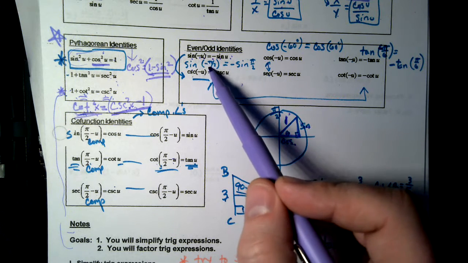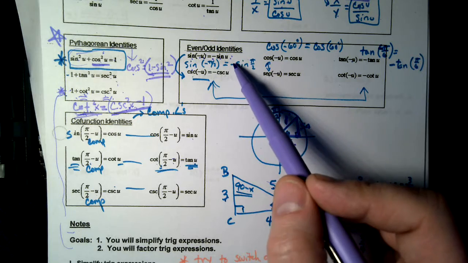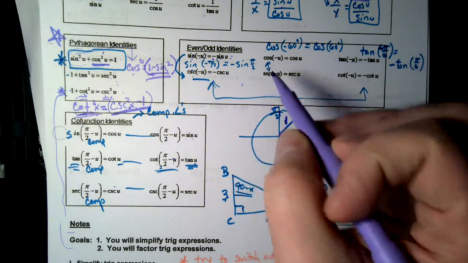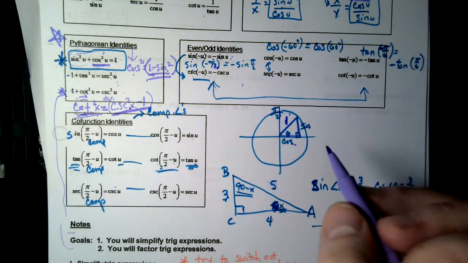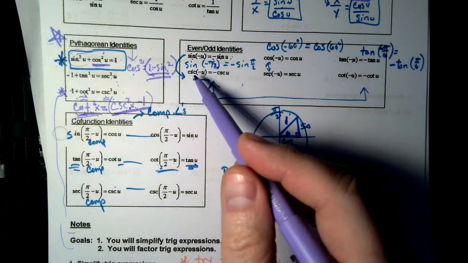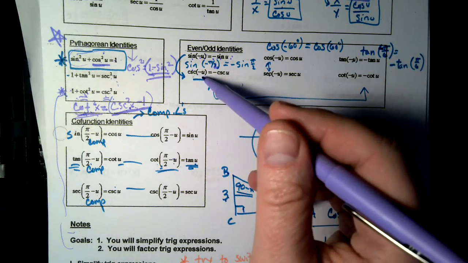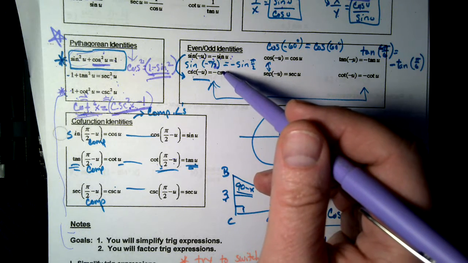So like the sine of negative pi over 2 is equal to a negative of just sine of pi over 2. I said 3, but it's 2. I read that wrong. That's a 2. And then its reciprocal would do the same. So picture you just turn the fraction upside down. The cosecant of a negative angle is equal to a negative in front of the cosecant of an angle.